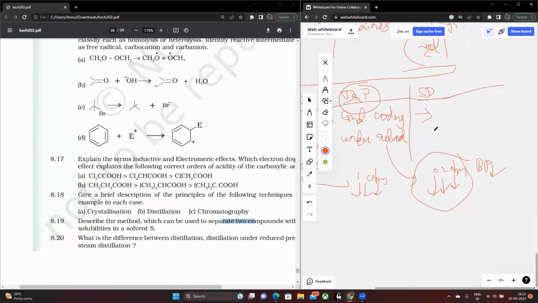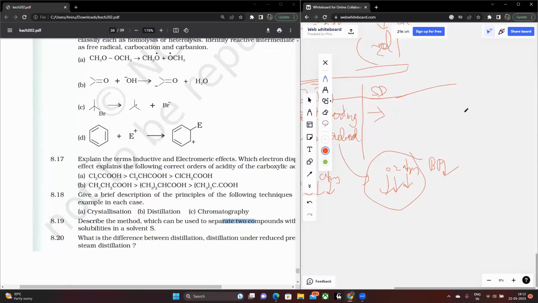Finally, steam distillation. So you basically saturate the vapors above with steam, right? If your container is here, basically everything above is saturated with steam, right?